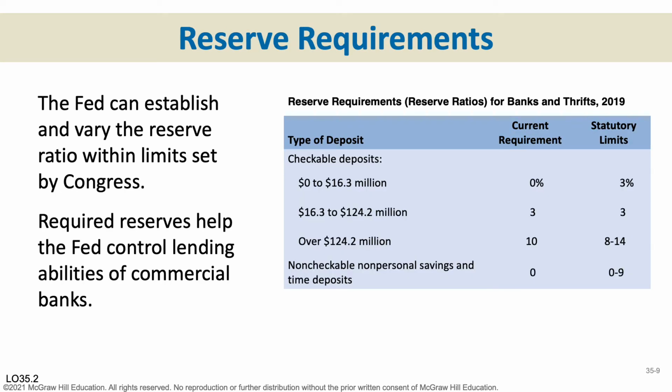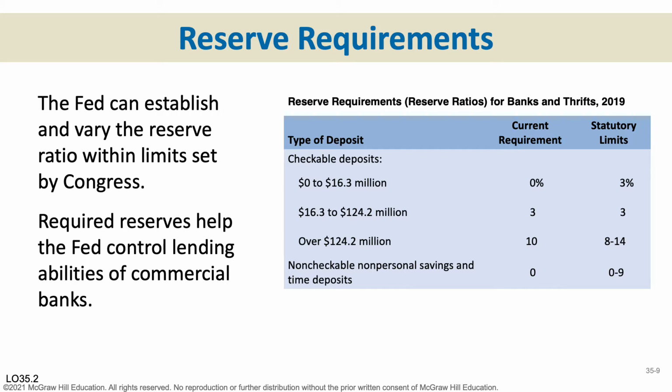It's set by the Federal Reserve, and it will always be given to you. So in real life, these are the percentages of required reserves that the Federal Reserve has set, broken down by the size of the bank. If it's a little tiny bank with less than $16.3 million in deposits, currently the Fed doesn't require them to keep any required reserves.